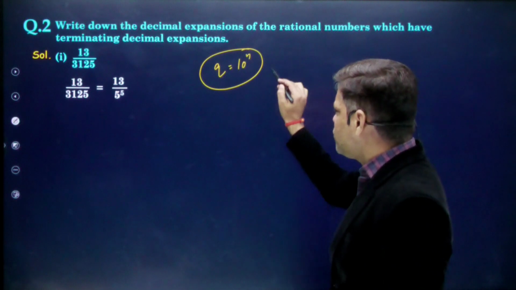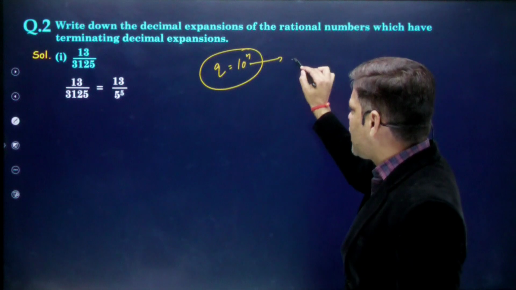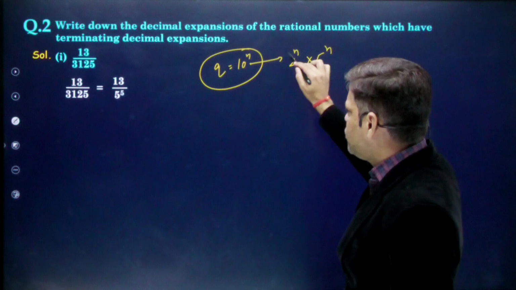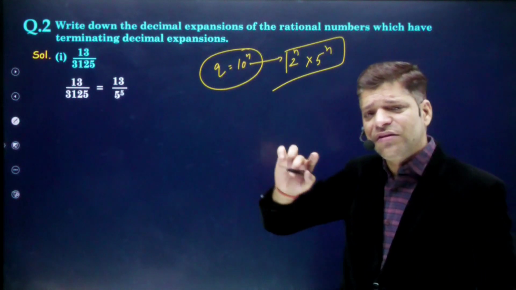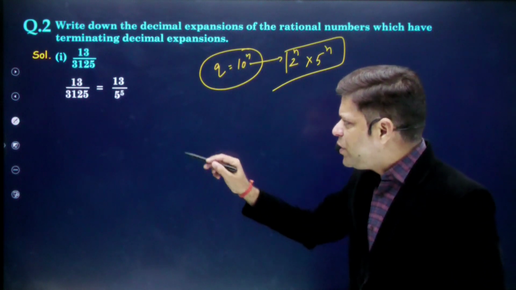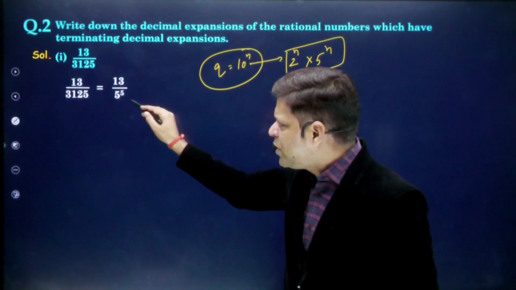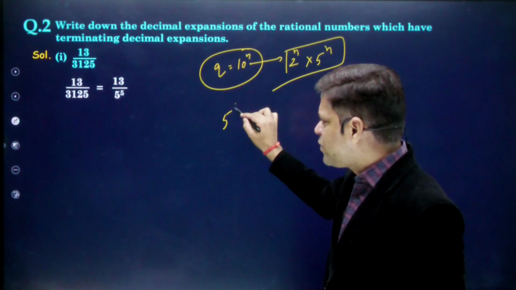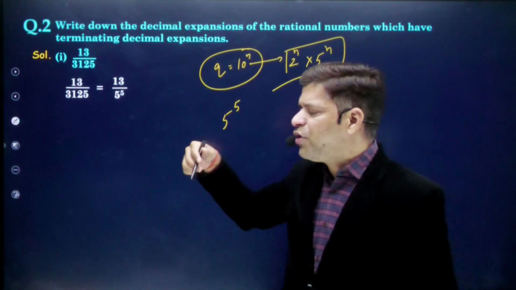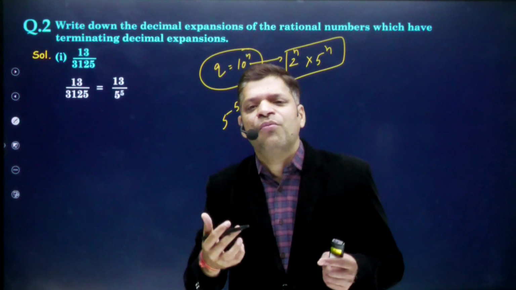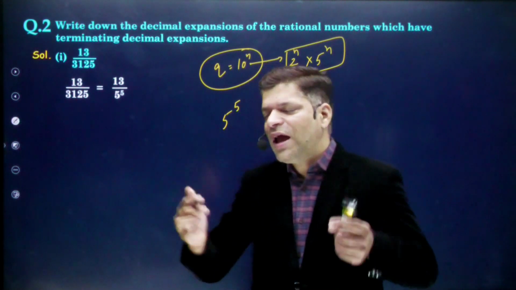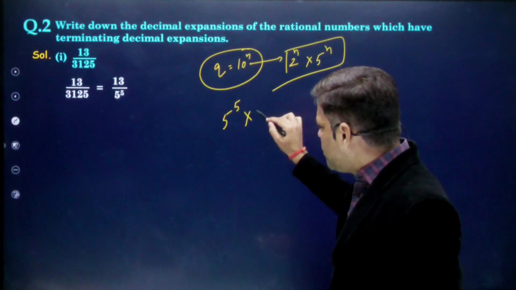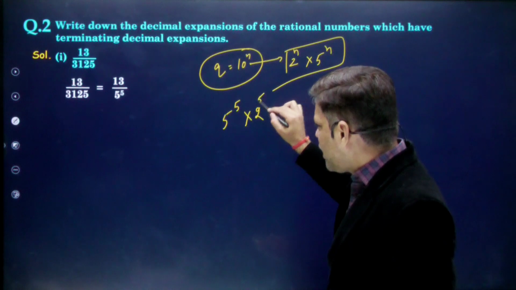Now you can see that 10 raised to the power n can be written as 2 raised to the power n into 5 raised to the power n. I think this is clear. So here in the denominator we are given 5 raised to the power 5. Now I want to change it into the form of 10 raised to the power n. How will it be changed? Simply, I will multiply by 2 with the same exponent.